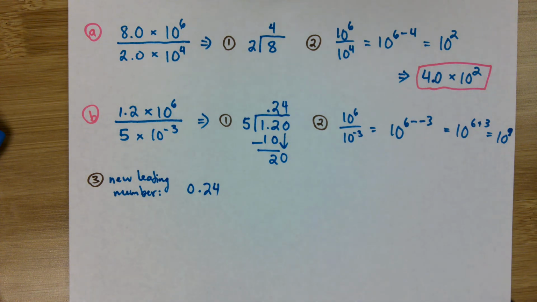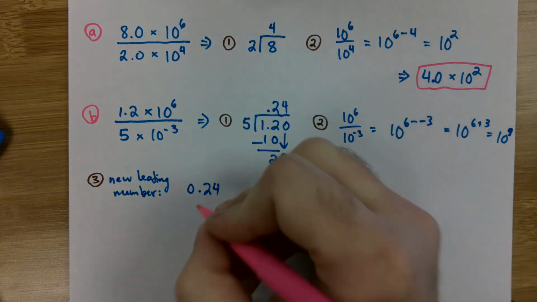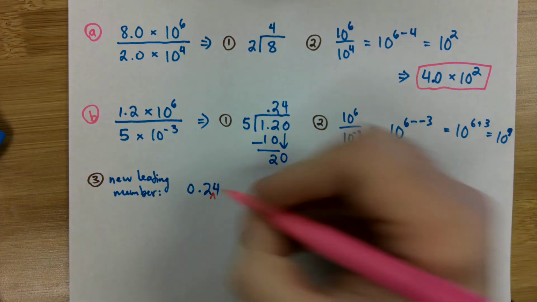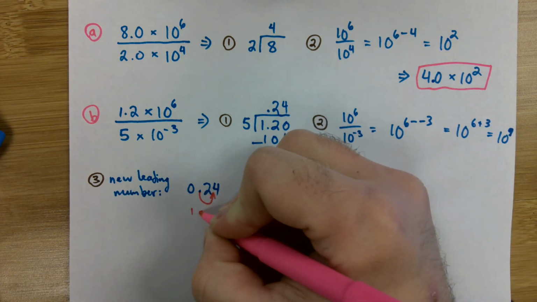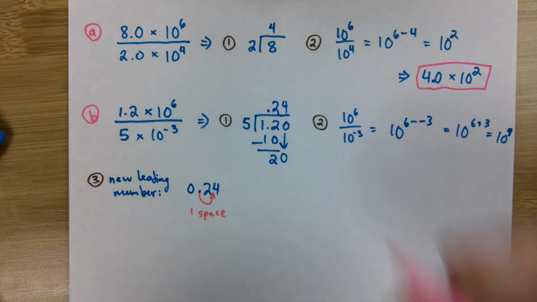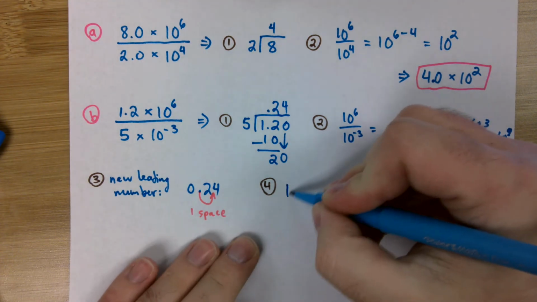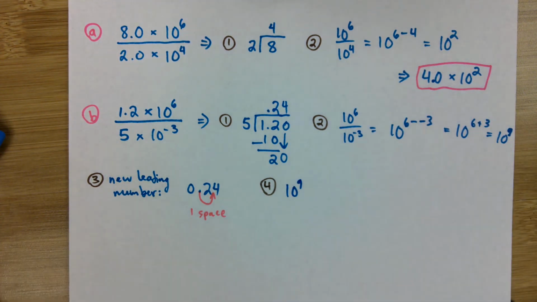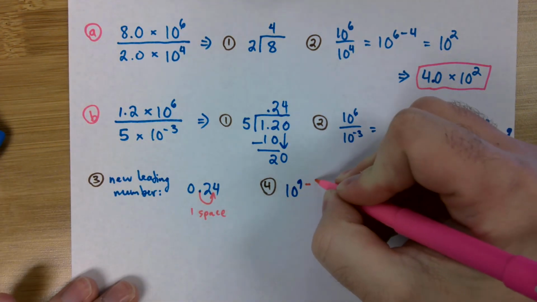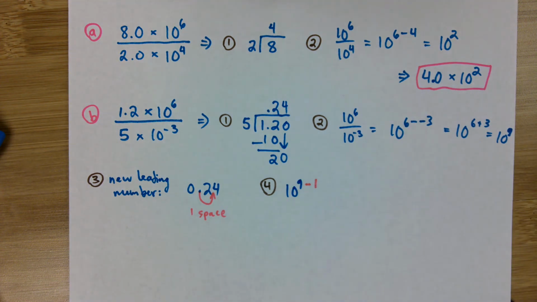Do we move it behind the 2 or behind the 4? Azalea? Behind the 2, right? We want our decimal right there. We got to move it one space. Okay? When we move it one space, now we have 10 to the 9th minus 1. Not plus 1, minus 1.